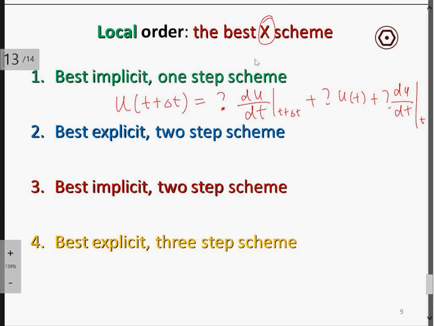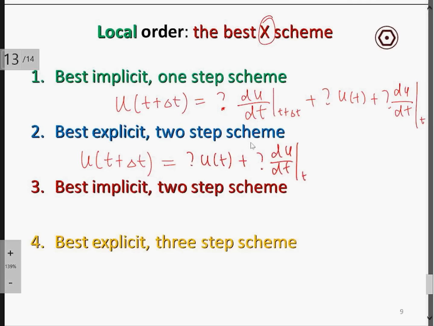Best explicit two-step scheme means this. u at t plus delta t has to equal, because it is explicit, it does not allow a derivative at t plus delta t, so you have a question mark times u at t plus a question mark times du dt at t.